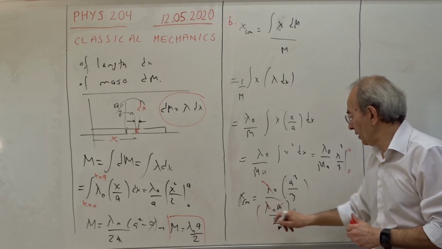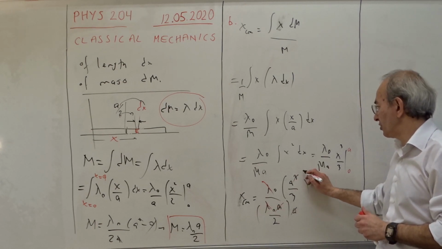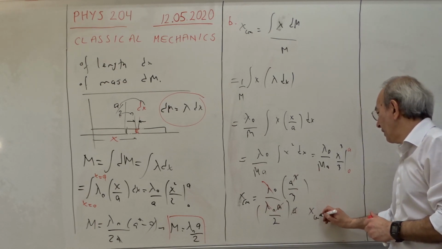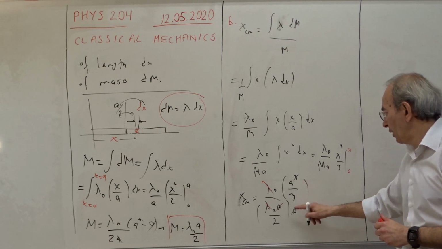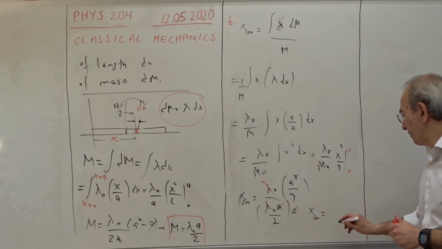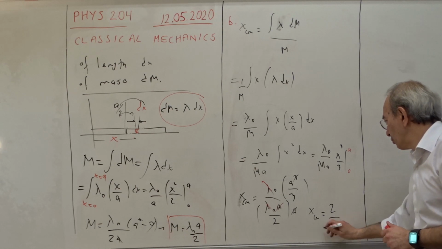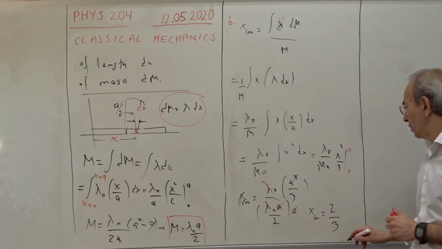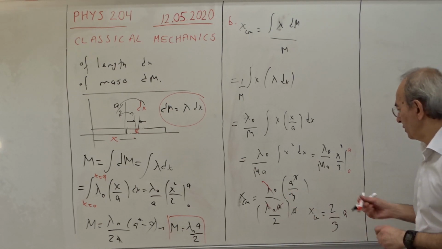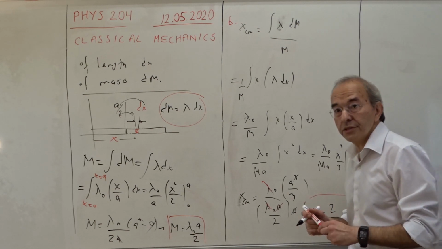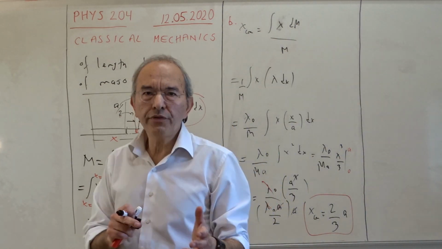There's one a, another a, so this cancels two of them. We have a single a. So x center of mass turns out to be, there is only one a, but 2 goes up. 2/3 a is the result.